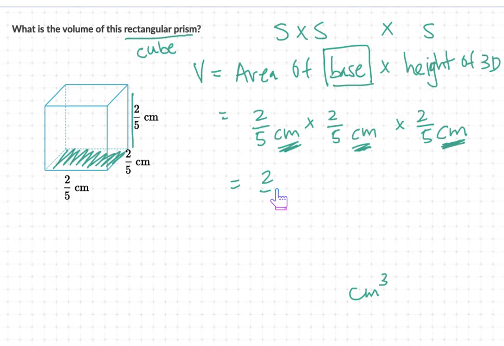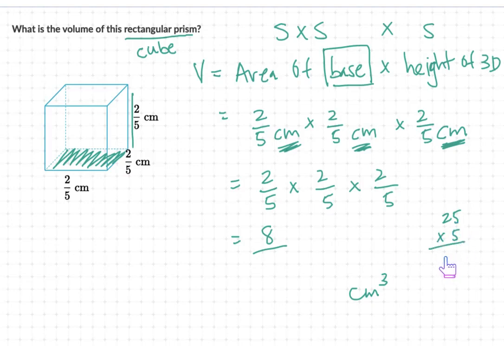And then for our numbers, we're just going to multiply them across. I don't see any that are matching top and bottom. 2 times 2 is 4. 4 times 2 is 8. 5 times 5 is 25. 25 times 5, it's just like having 5 quarters. Having 4 quarters is 100 cents. And then another extra quarter would be an extra 25 cents.